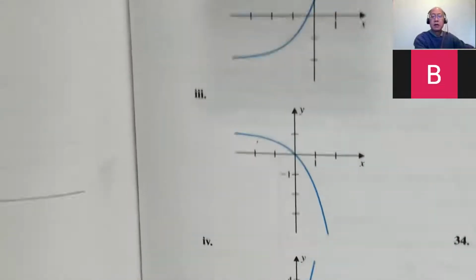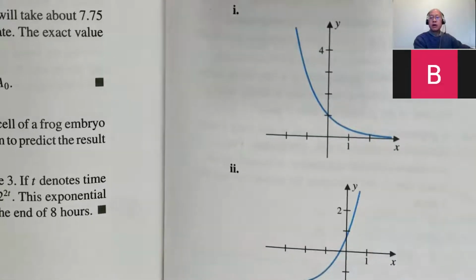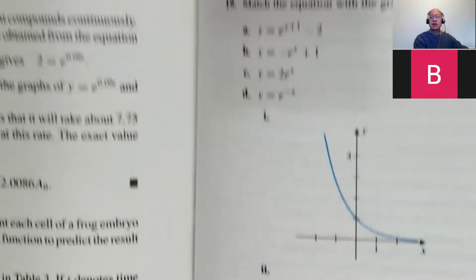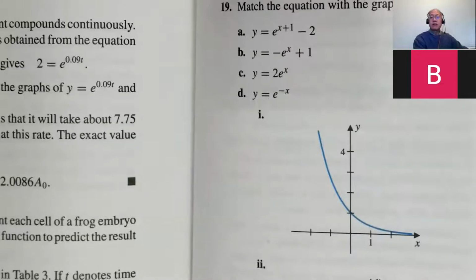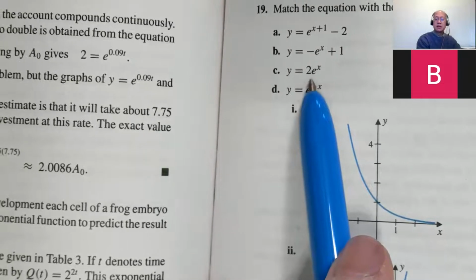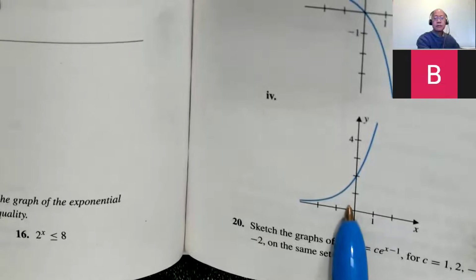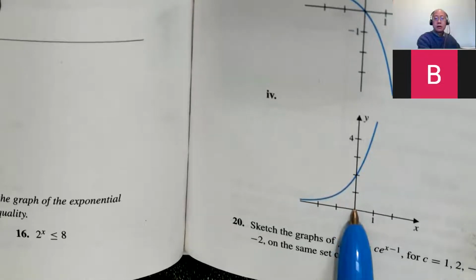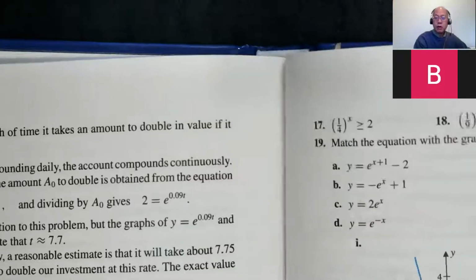That'll help me. And 3 and 1 look like they're decreasing. Let's see what we can do about that. 2e to the x looks to be the easiest. It's the exponential function that goes through 0, 2. That's rising, so that should be this one. Okay, so that's number 4.